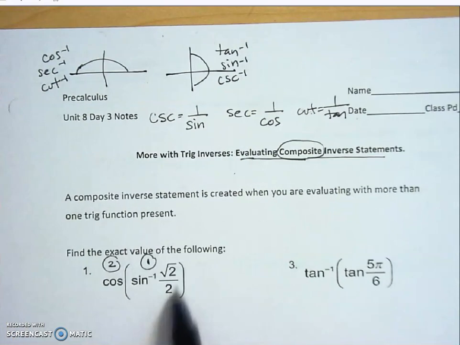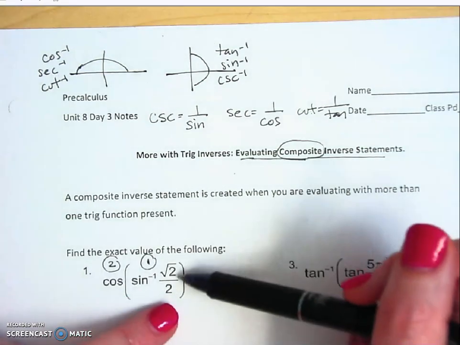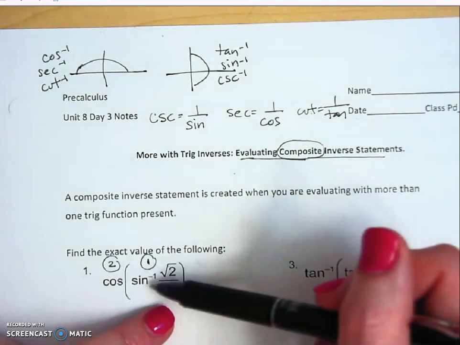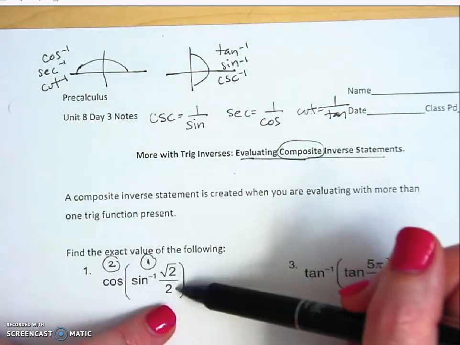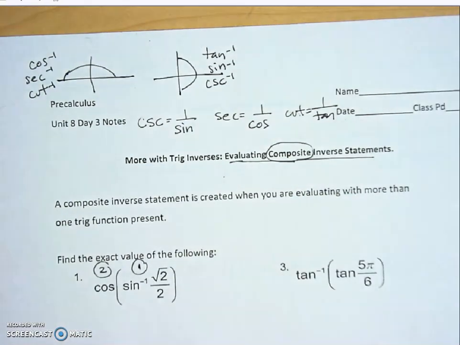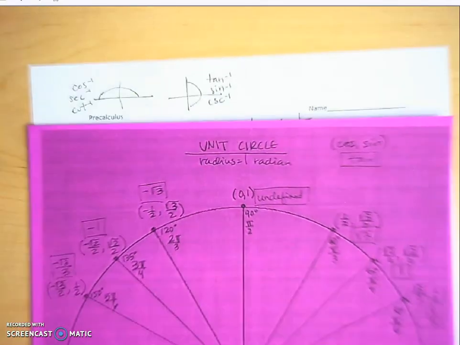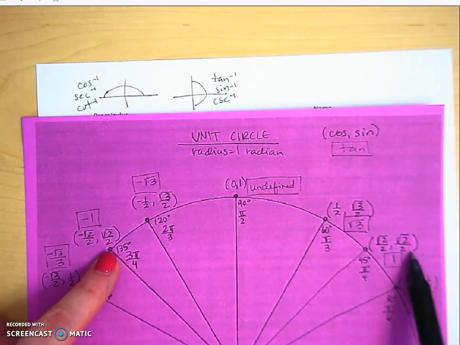Okay, so let's look at this first problem. We're going to evaluate here first the inverse sine of rad 2 over 2. So remember, this means which angle has a sine value of rad 2 over 2. In other words, which angle on our unit circle has a y coordinate of rad 2 over 2. So if you look at your unit circle, I actually have two values with those y values.